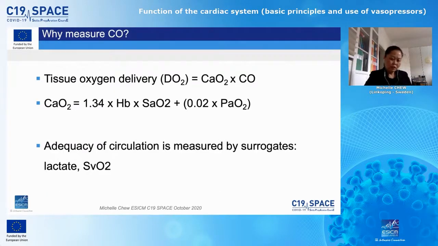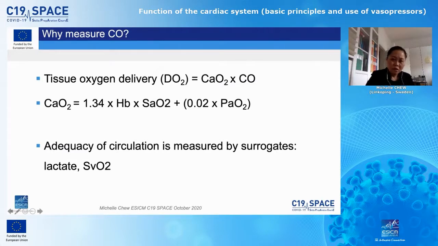So a logical question is, why focus on the cardiac output? Well, the easy answer is that it is a major determinant of tissue oxygen delivery, DO2. And the DO2 is equal to the content of oxygen in the arteries times the cardiac output.